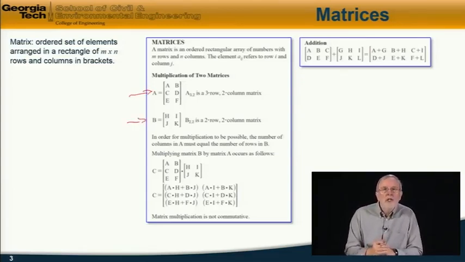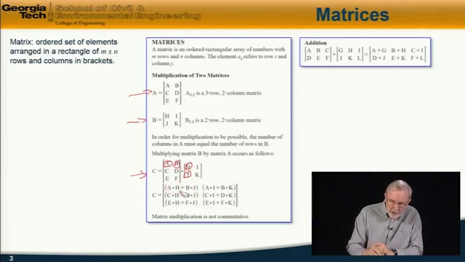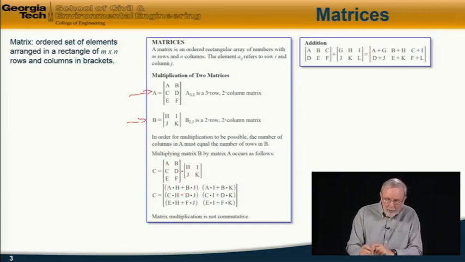And there are a number of manipulations that we can perform on matrices, for example, multiplying them together. As stated here, for multiplication to be possible, the number of columns in the first matrix A must be equal to the number of rows in B. So in this example, C is the product of the matrices A and B, and the general rule here is that the first element, this element, is equal to A times H plus B times J, etc. for the other elements.